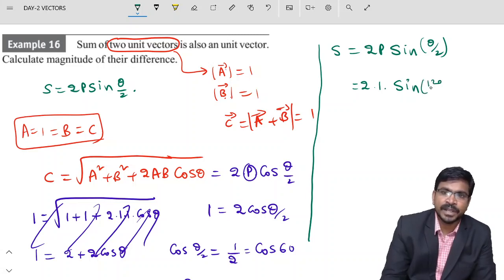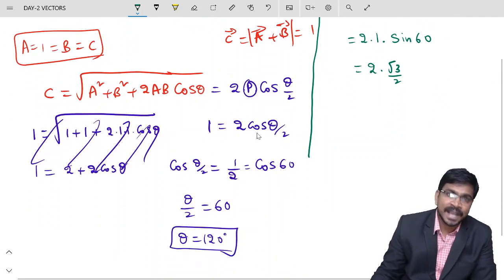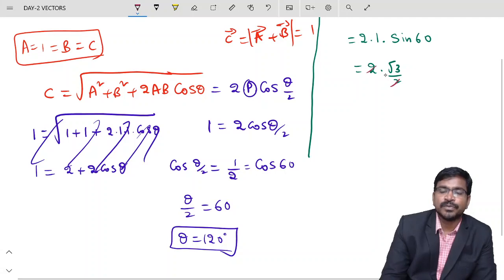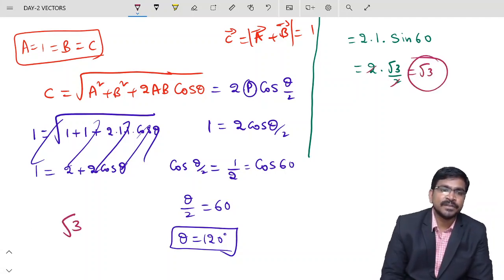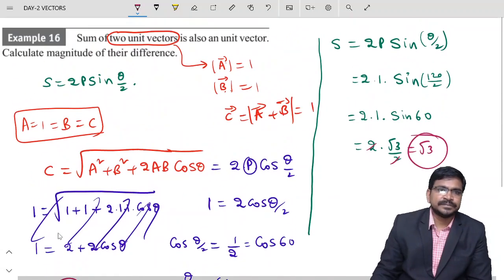So 2 into 1 into sine 120 by 2, that is sine 60. And sine 60 is root 3 by 2. So here 2 and 2 get cancelled. We are left with root 3. So root 3 is the answer for this question. Okay. Next.